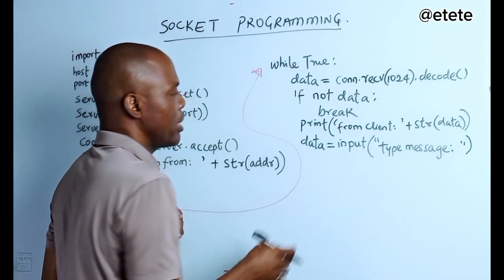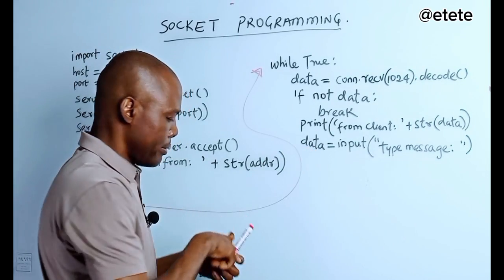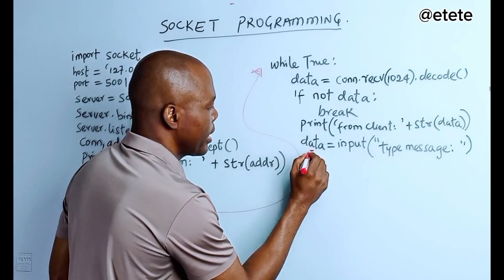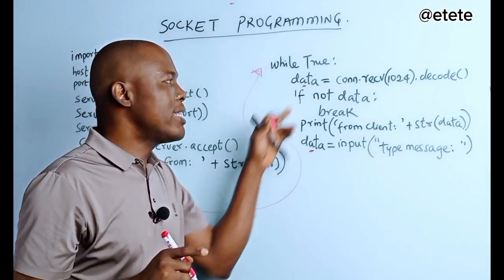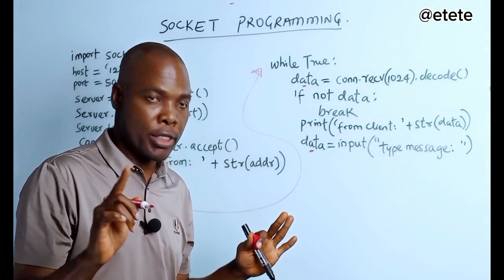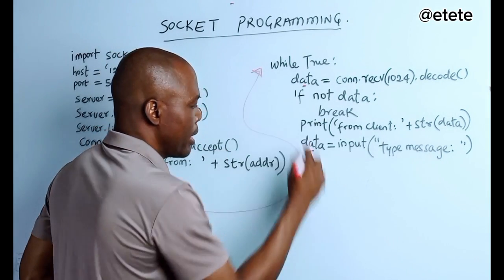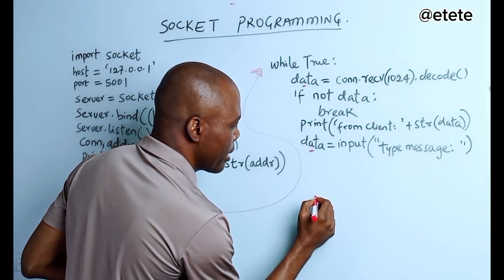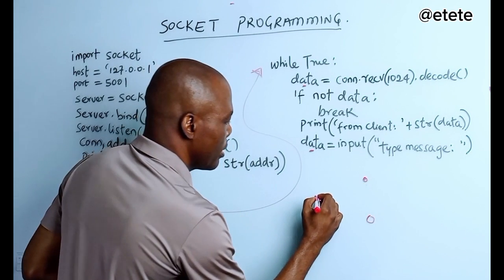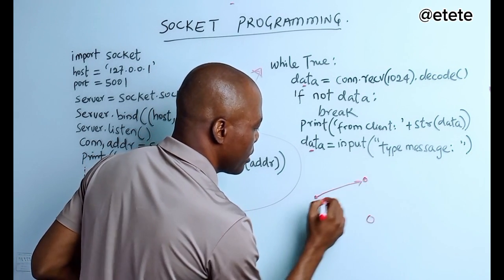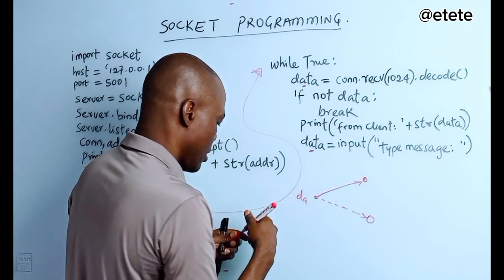So I want this to be printed out on the screen. I want you to observe something here. This data and this data, they are the same. Now this data is acting as a switch. So let me just quickly demonstrate that for you to see.